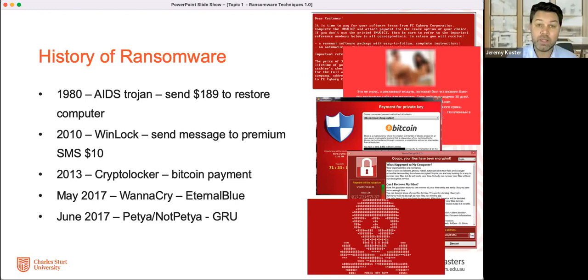But it used the EternalBlue vulnerability, which was allegedly identified by the NSA, leaked to the Shadow Brokers somehow, who were a Russian group, and then allegedly used by the North Koreans in WannaCry.